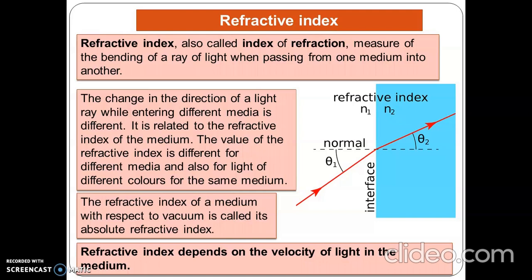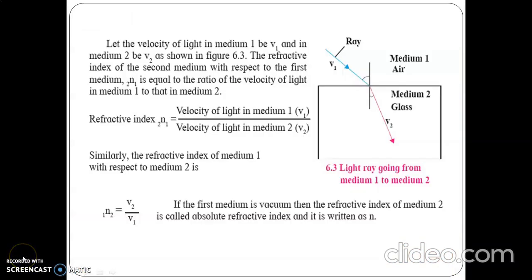With vacuum, the refractive index is called absolute refractive index, and the refractive index depends upon the velocity of light in a particular medium. Okay, so remember, refractive index is denoted by the letter n, and it is different for different media. Okay, let's learn a little bit more about this refractive index.